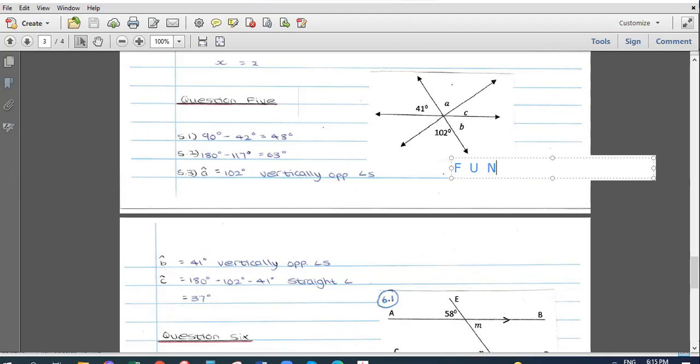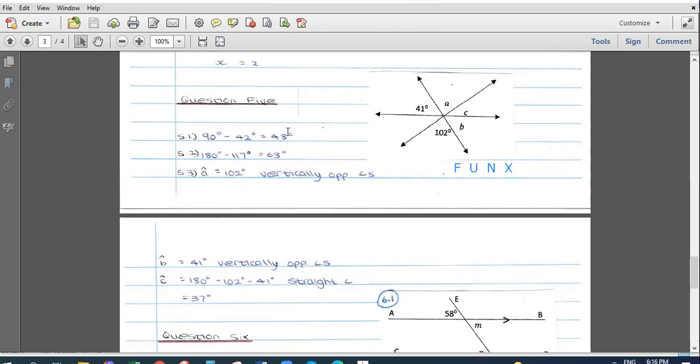We're going to work with N or Z. And then we have an X. And sometimes we have a straight line. So remember, the U is the angles add up to 180 degrees. But in the case of F, which is corresponding, N, which is alternate, and X, which is vertically opposite, they're all equal angles.